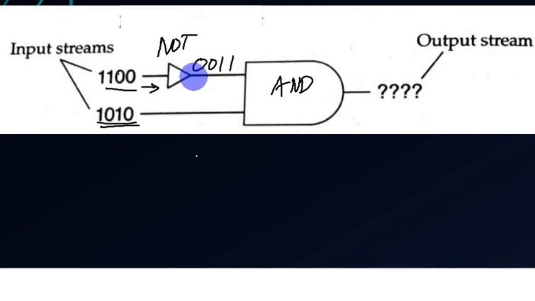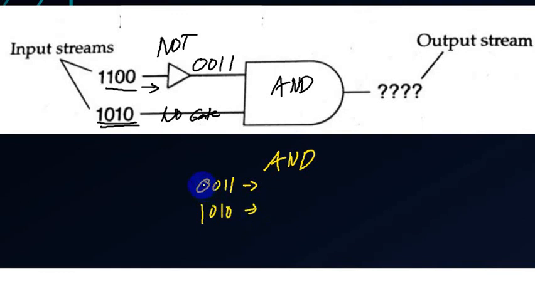So for our AND gate, we have the inputs 0, 0, 1, 1, then 1, 0, 1, 0. Again, nothing happens here because there is no gate in this branch. So once we check this one, we'll have 0 and 1, which is 0.